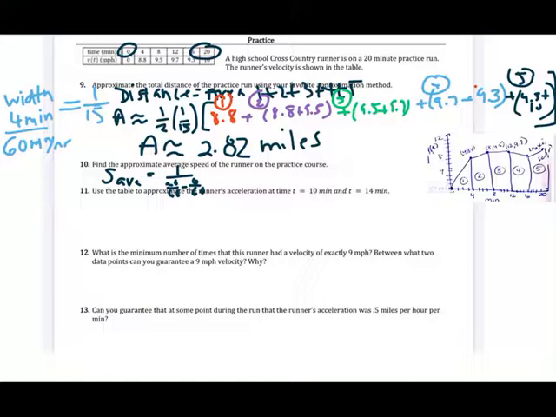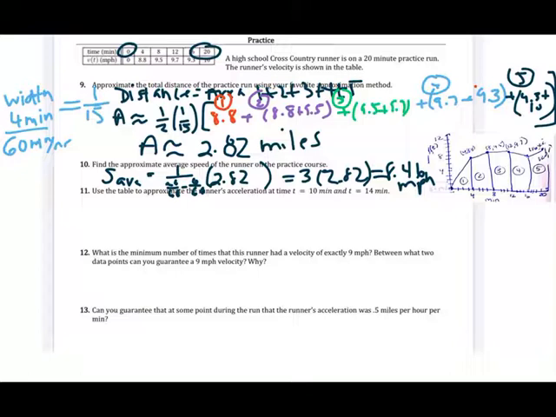That whole thing becomes 1 over 1/3, which is 3, times the value that we just found in number 9. So 3 times 2.82 gives us 8.46 miles per hour. That is the average speed over this interval.